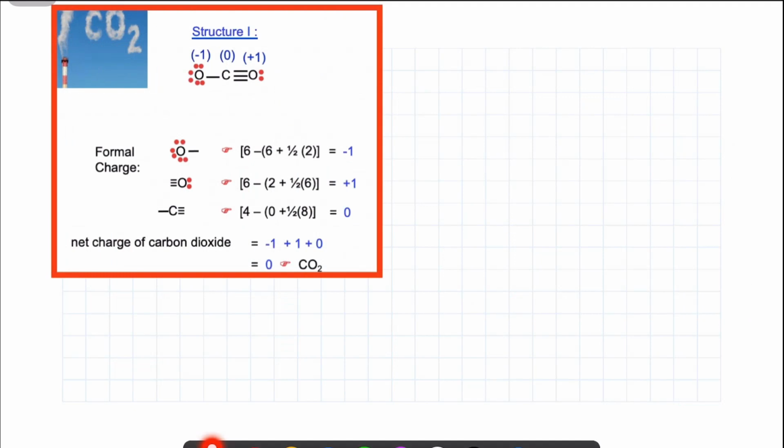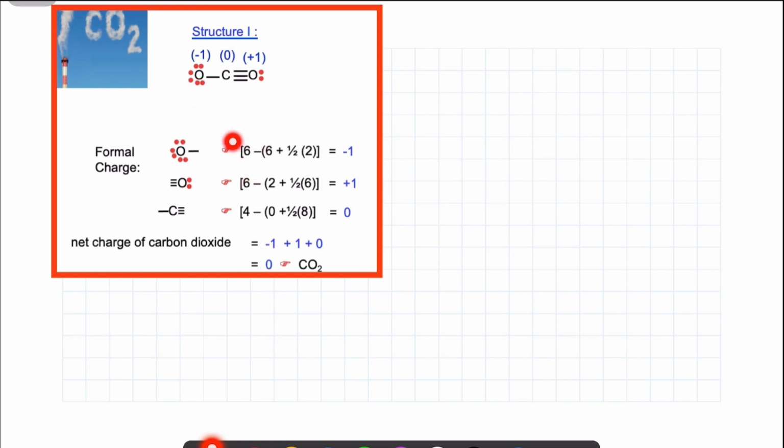For structure 1, when you calculate the formal charge of each atom in carbon dioxide, for example calculating the formal charge for the oxygen at the left, the total valence electron for the oxygen is 6.